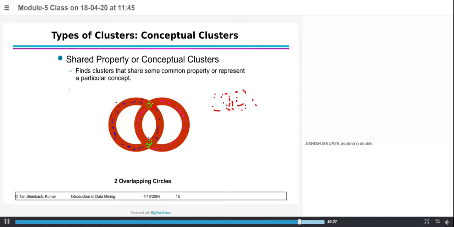With respect to these particular data objects in your data sets, they have a common property that belongs to either this group or this group. So these always have a shared property with them. If you form a cluster like this, then we say it's a conceptual cluster. It finds clusters that share some common property or represent particular concepts. If you create a cluster like this, with two overlapping circles, we call it a conceptual cluster.